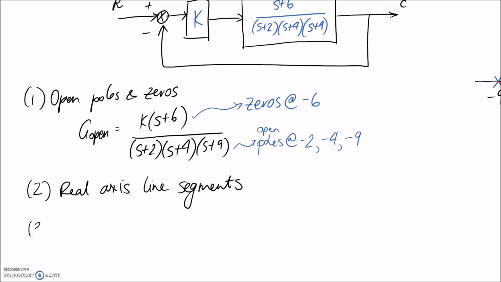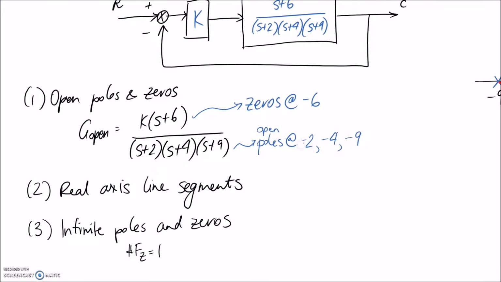The third thing we need to think about is infinite poles and zeros. From before, we found that we have one zero, at -6, so the number of finite zeros is equal to 1.